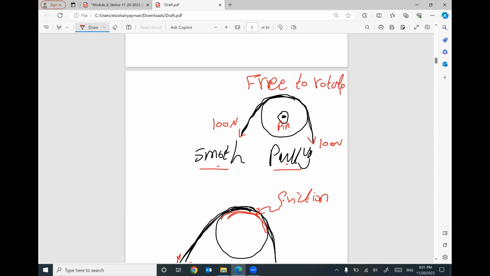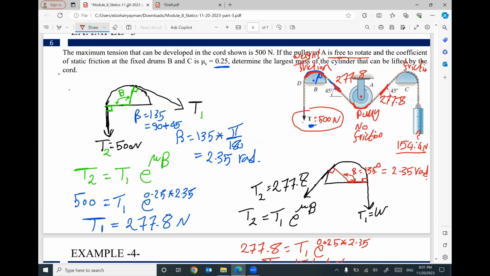In this case, the force on this side will be the same on the other side, no difference. This is what I did here: 277 will be here 277. But this one and this one are not rotating. They are not smooth, so we have friction. This is the reason why if you apply a force here 500, it will be 277.8 here. If you apply a force here 277.8, it will be a force here equal to 154.4 Newton. Does that make sense?